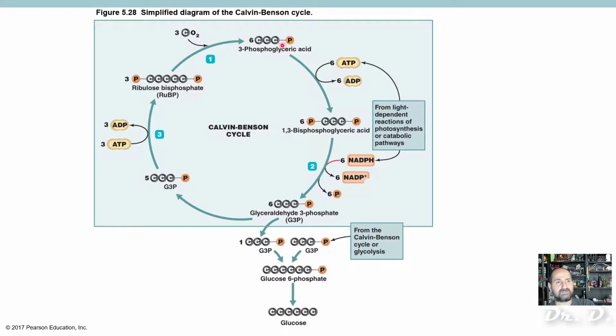Just like at the end of the Krebs cycle, you had to remake oxaloacetate. At the end of the Calvin cycle, you have to remake RuBP, ribulose bisphosphate. And by the way, before I let you go, one more thing you should know is what enzyme is responsible for carbon fixation. What was the enzyme that attached CO2 to ribulose bisphosphate?